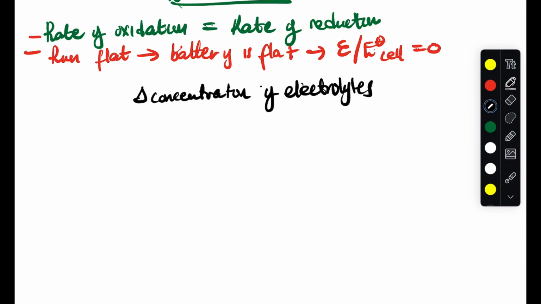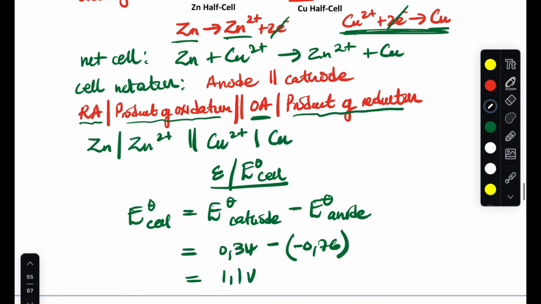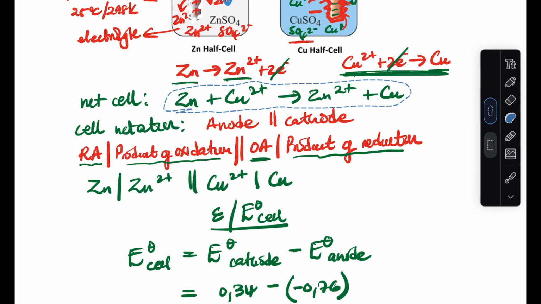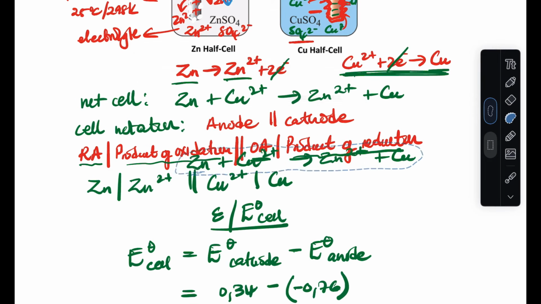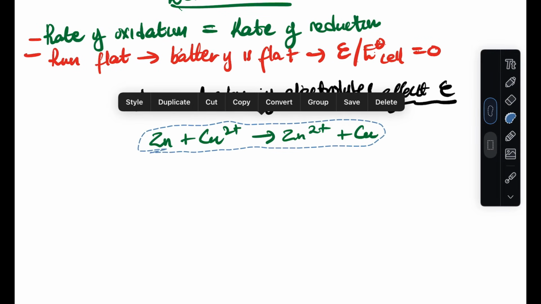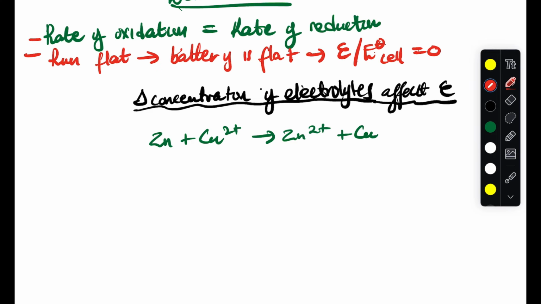So if you change the concentration of those electrolytes above, it affects the EMF, or the E cell. How does it affect the E cell? Now, very important, to answer that question, you need the net cell. The net cell is very important in explaining or in your argument or in answering the question of the EMF.